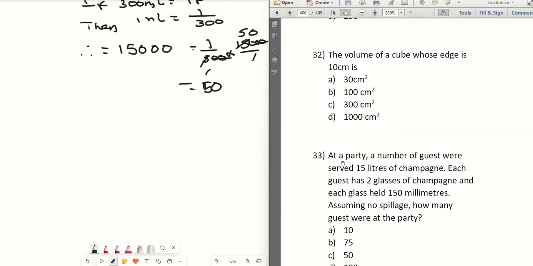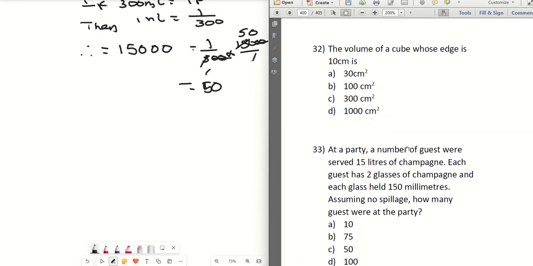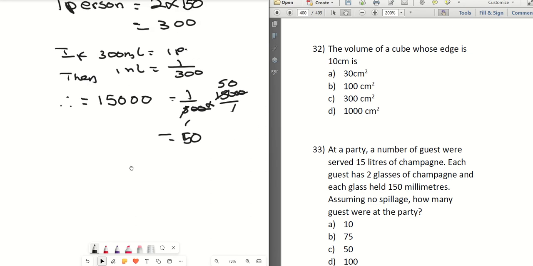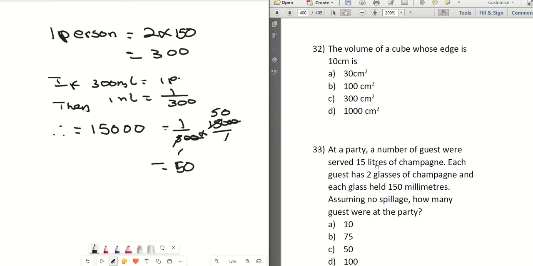So 33 again. At a party, a number of guests were served 15 liters of champagne. Each guest had 2 glasses and each glass had 150 mils. Assuming no spillage, how many guests were at the party? First off, you see liters and milliliters, so you change both to liters or both to milliliters. I will change to milliliters. So 15 liters is 15,000 milliliters.